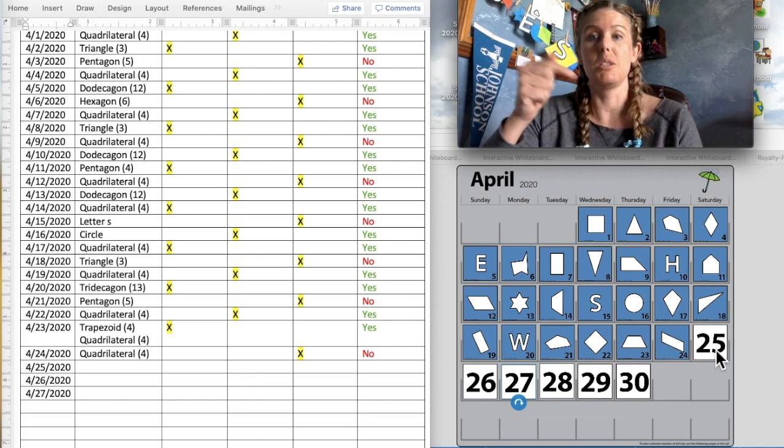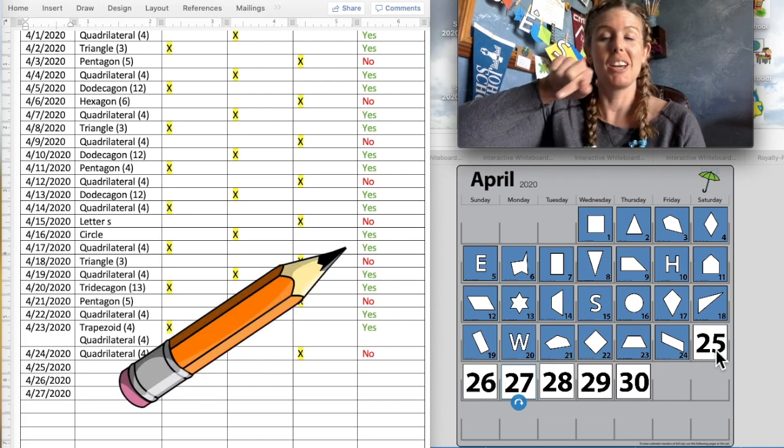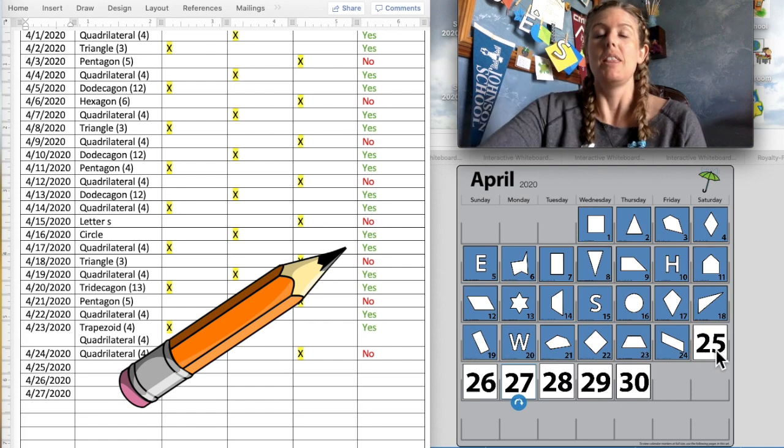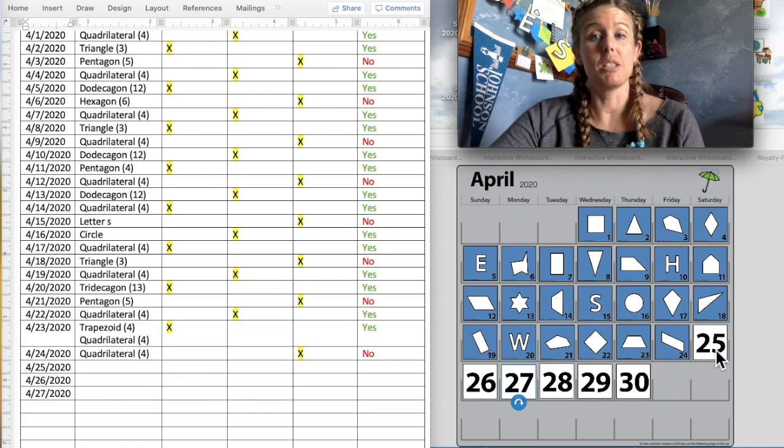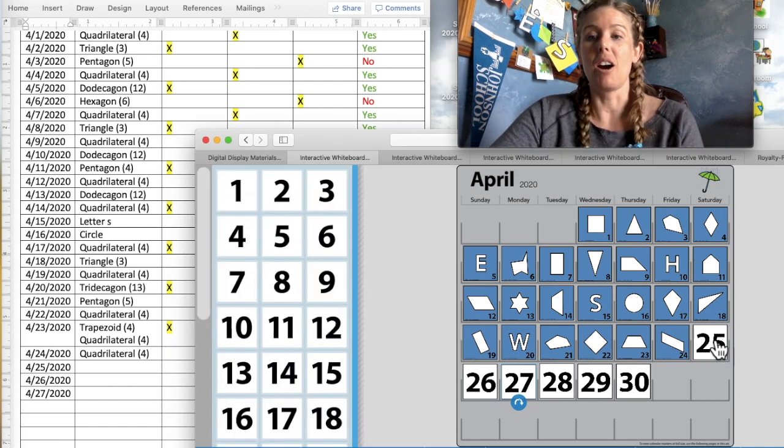Remember, when you see over this side the pencil pop up, that means that you should be writing down something or following along on your paper to submit to me or one of your other fabulous first grade teachers. So for Saturday on the 25th, let's have a drum roll of what is behind our card.